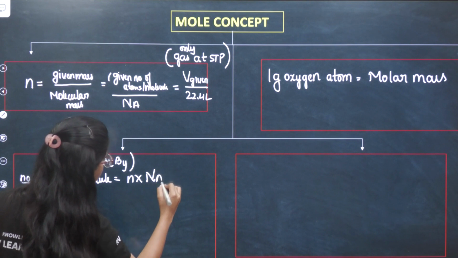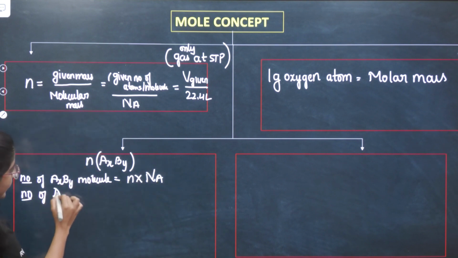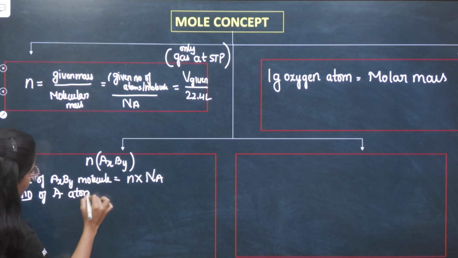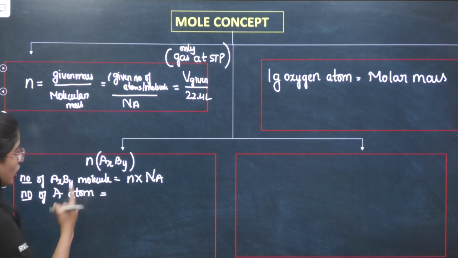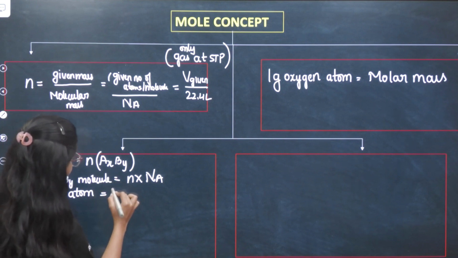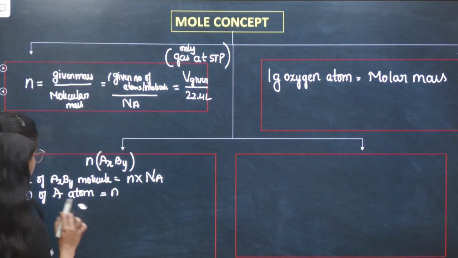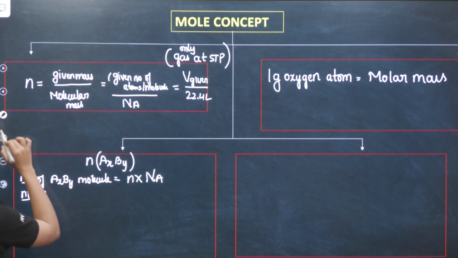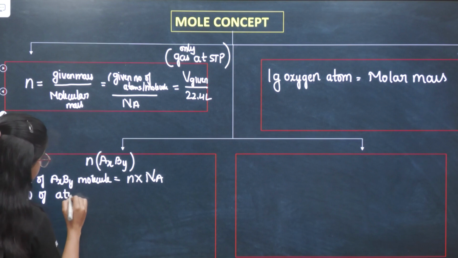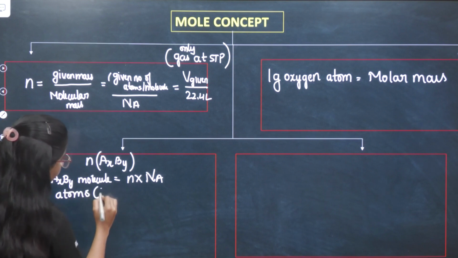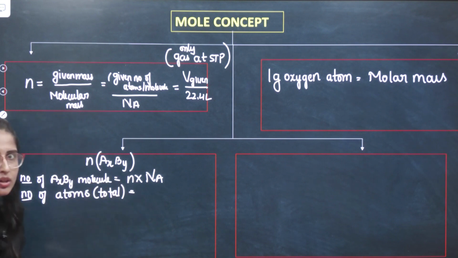That is Avogadro's number. If you are asked the number of A atoms, only A atoms, then how will you do it? First, let us go for the total number of atoms. Till now we calculated molecules.